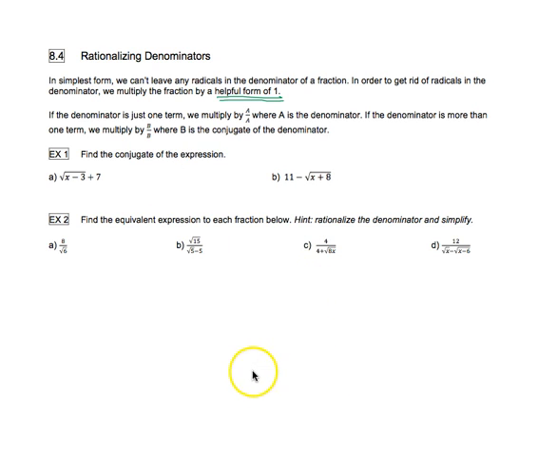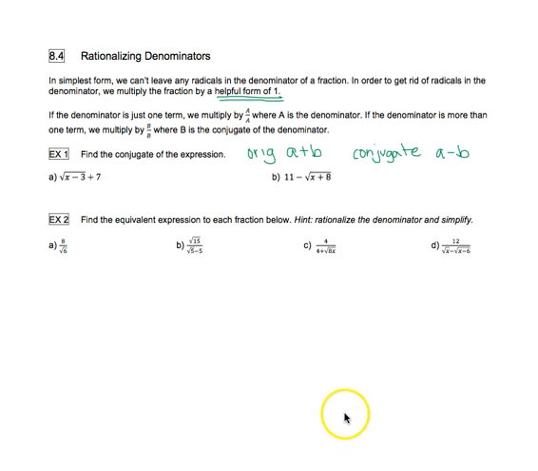So first thing we're doing here in example 1 is just finding the conjugate. Remember that if the original is A plus B, then that means the conjugate is going to be A minus B. So here's the key.